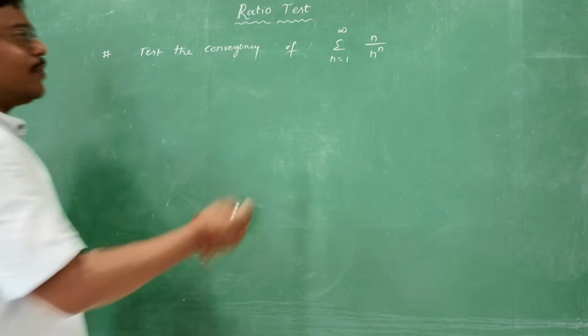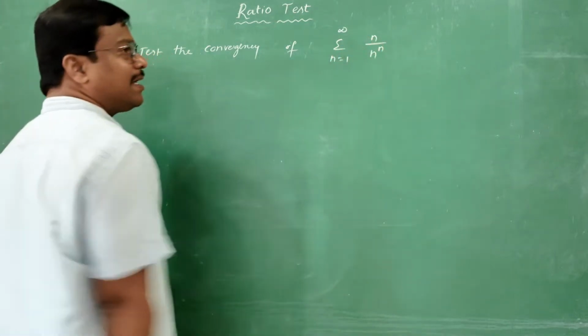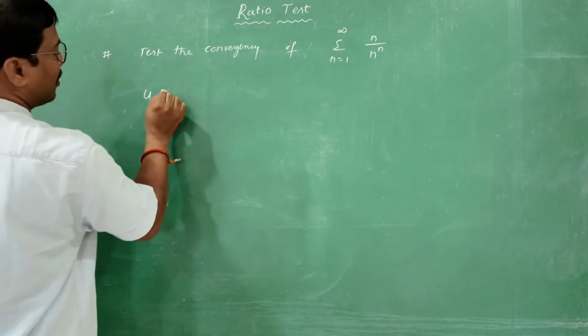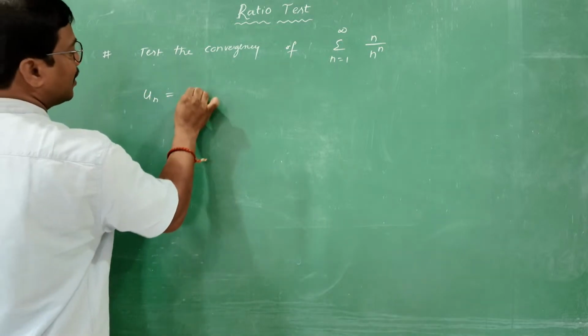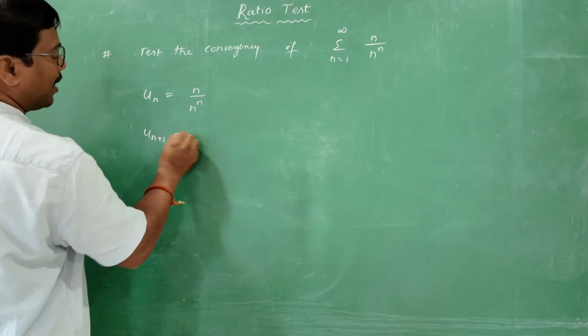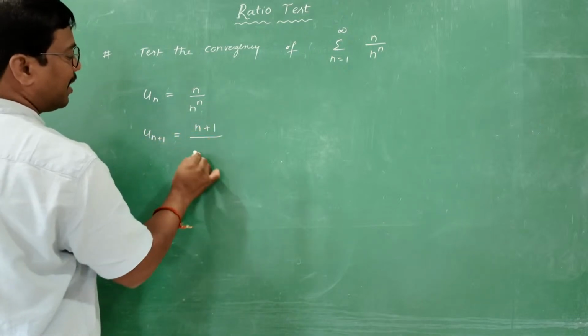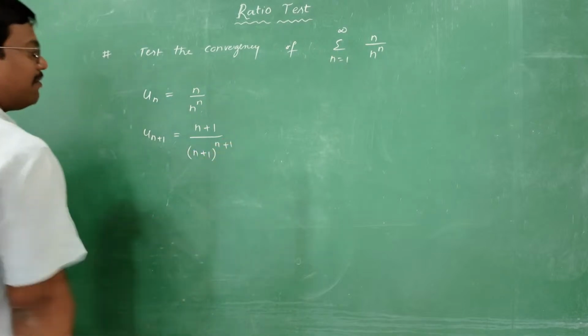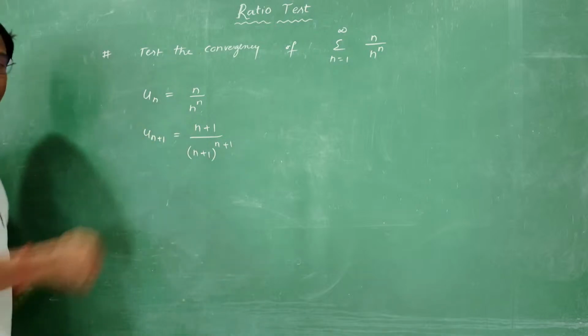Here un is n divided by n power n. So first I am going to write un, that is n by n power n, and un plus 1, that is n plus 1 divided by n plus 1 whole power n plus 1. Wherever n, there you have to write n plus 1.